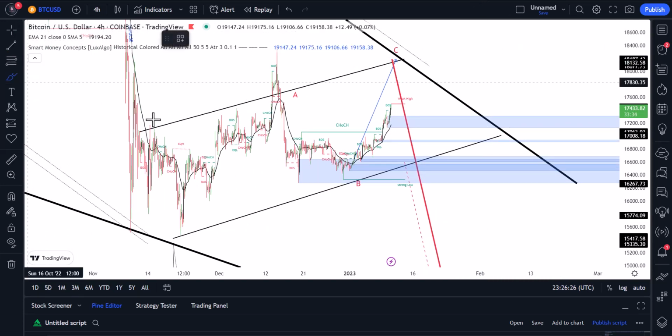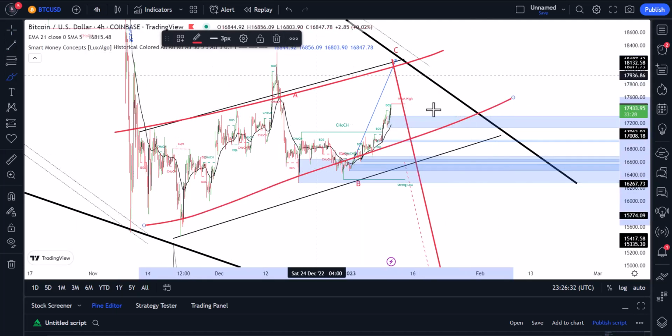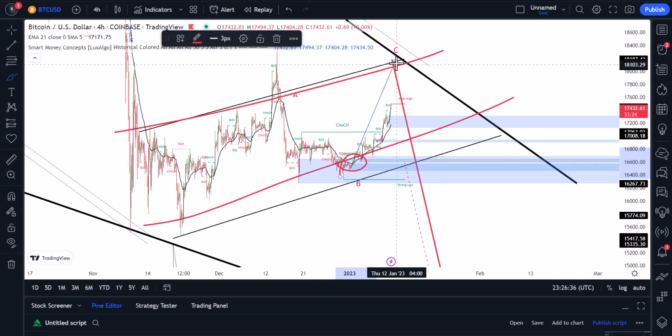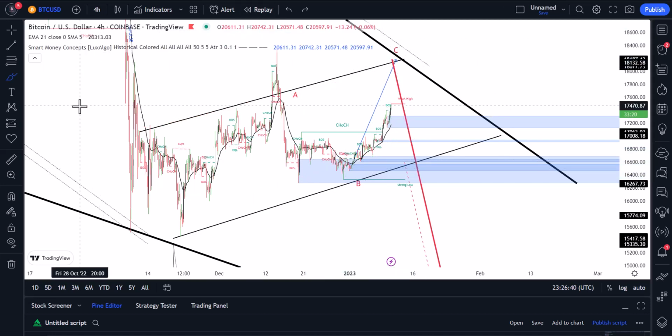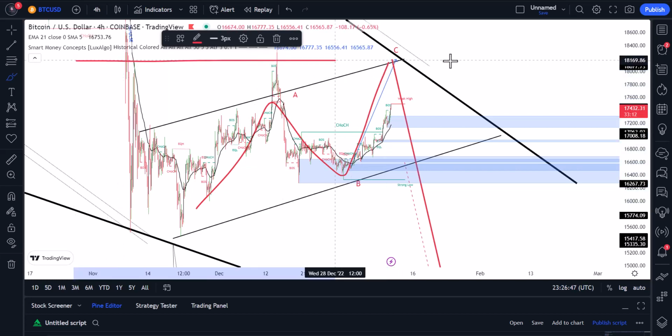We have the correction here, and it is rejecting from the lower trend line, and it will go till the upper trend line. And another thing, the A, B and C wave will be completed at this area.